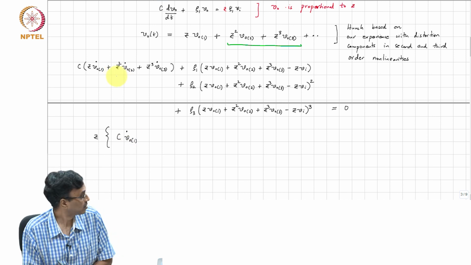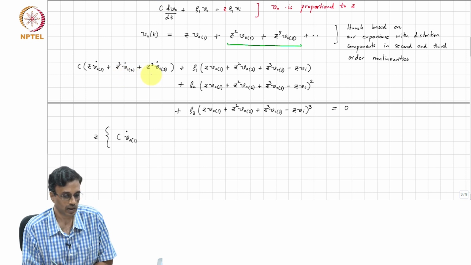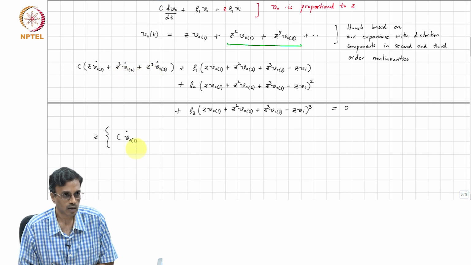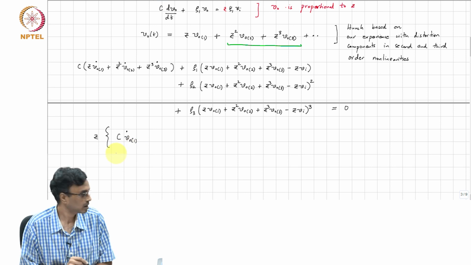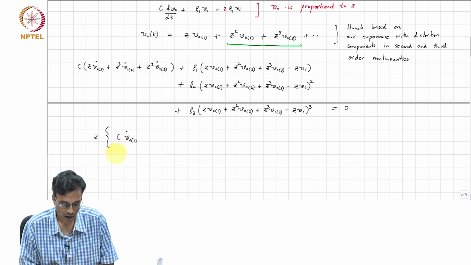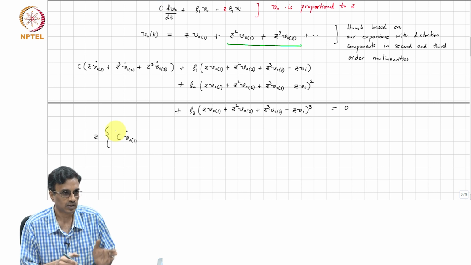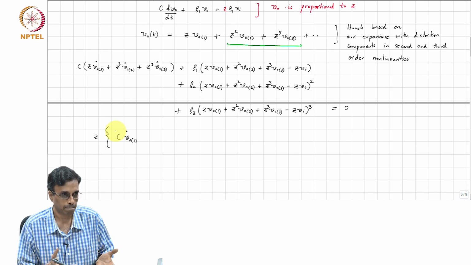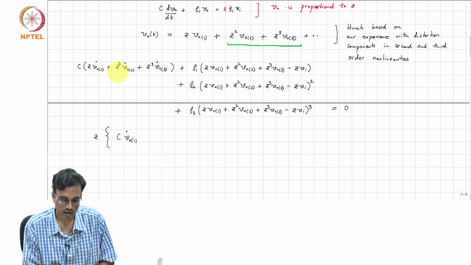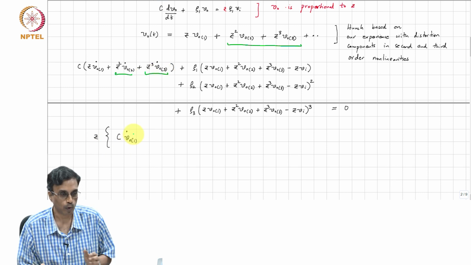What about the Z square term and Z cube term? Will they come in here? So I am grouping all the terms which have only Z in them. So what will happen to these two terms? Are they relevant when we group only the terms with Z together?